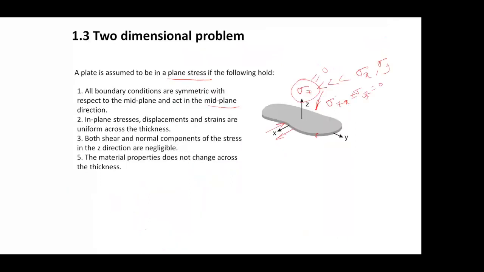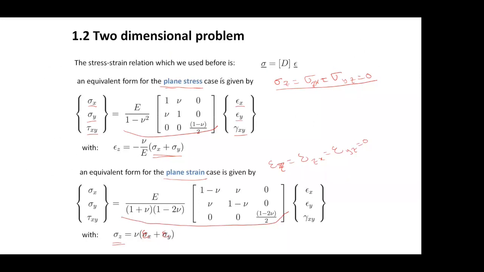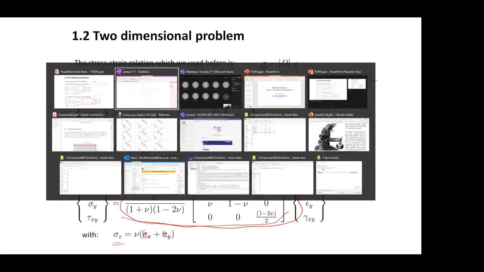Okay, so if you make these assumptions, then the constitutive relation would reduce to this one or to this one, based on what you choose, plane strain or plane stress. And then I want to come here.